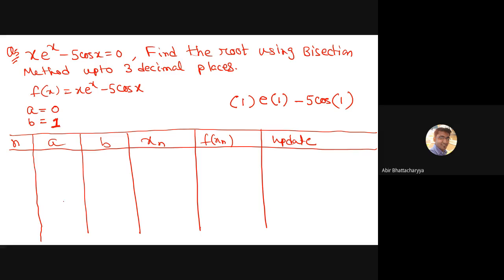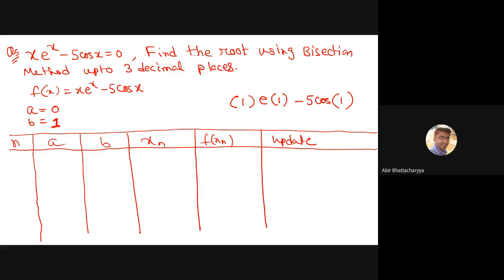I need a few specific iterations, and you have to write only those iterations. I will give you the hint: up to 3 decimal places means we will get the result at the 12th iteration.